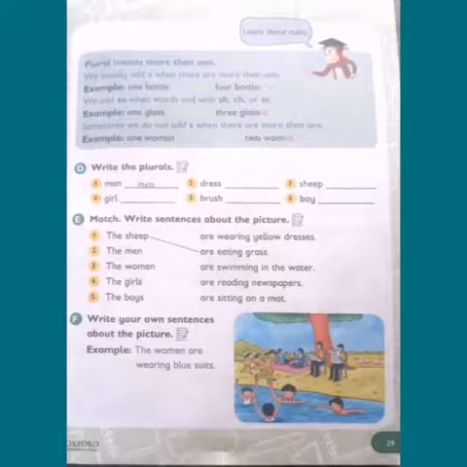Our next word is sheep. To make it plural, we add s with it, sheeps. Your next word is girl. We are going to add s with the word girl to make it plural, girls. Our next word is brush. What do we do?